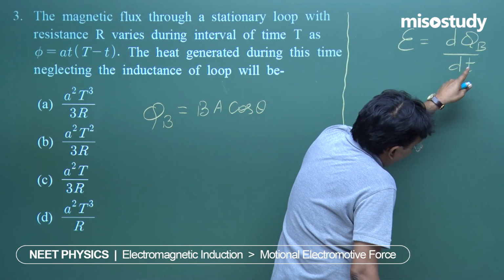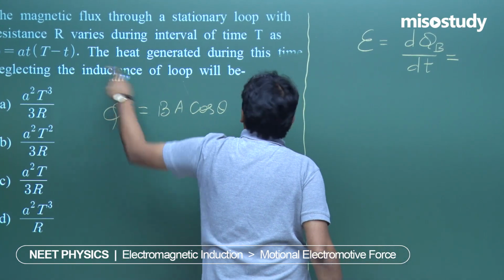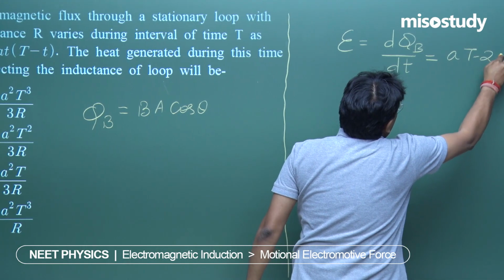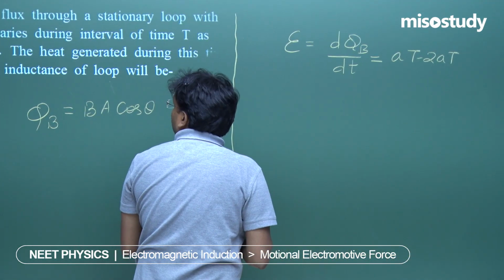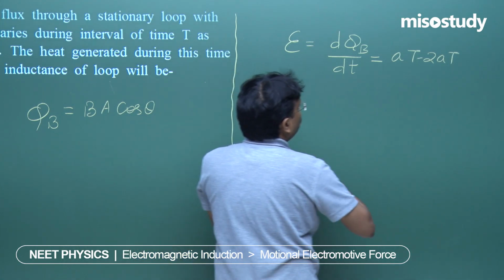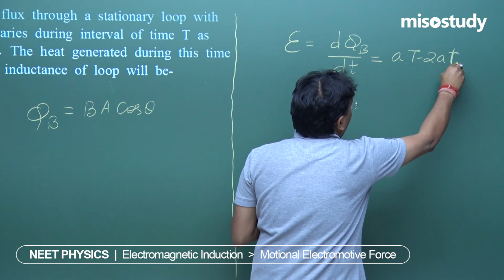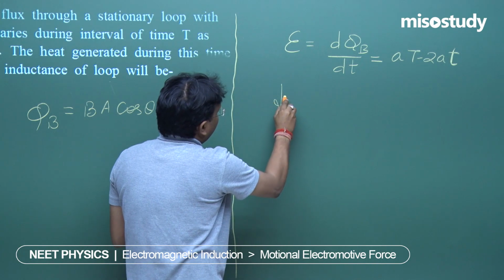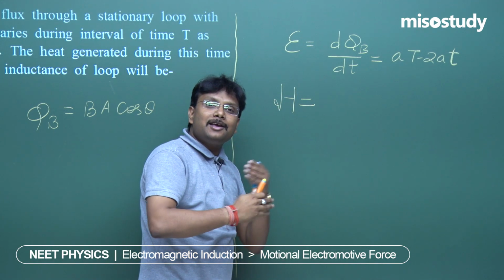Okay. So from here after this what I can write down? I can write down after differentiation it as At minus 2At. Fine, this is something which we can write down, At minus 2 small t, rather not capital T. From here heat generated H, class 10th formula, I square Rt.